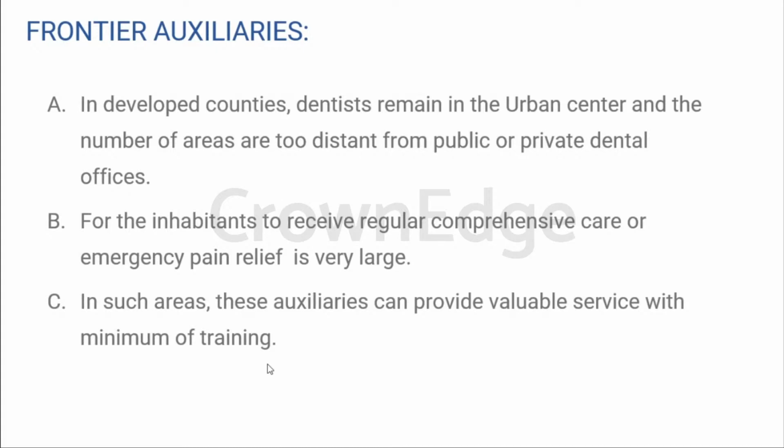For these inhabitants to receive regular comprehensive care or emergency pain relief is pretty large and difficult. So the whole idea of these frontier auxiliaries is that you can train them to provide valuable service with minimum training in these areas. Basically they serve as that bridge between dentists and the population.